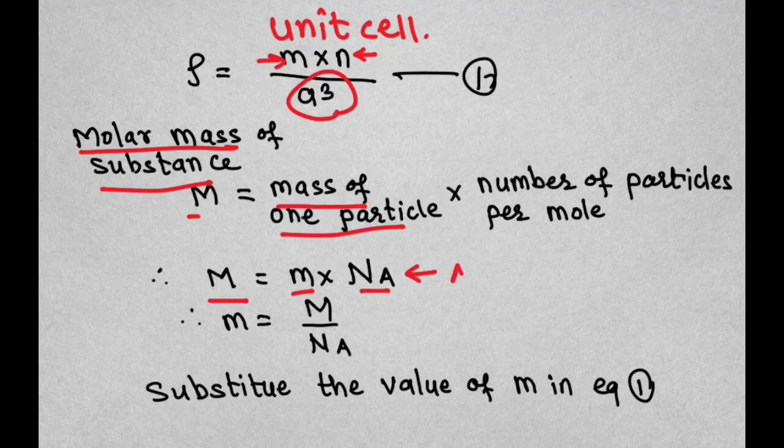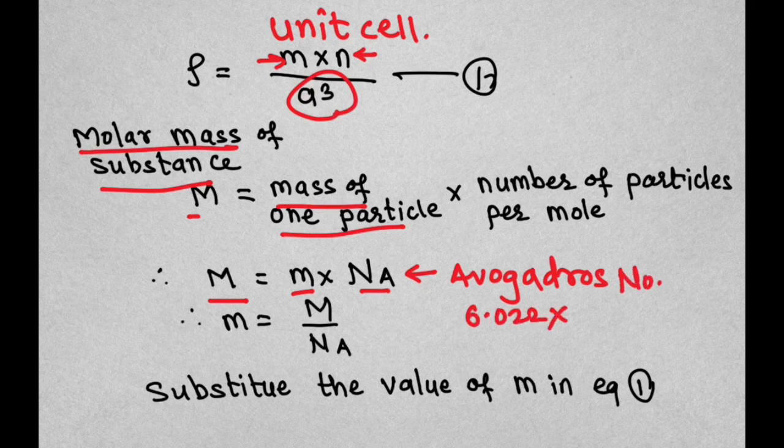This Na is Avogadro's number, which is 6.022 into 10 to the power 23 particles per mole. Now m remains on one side, so Na goes to the other side. So small m, that is the mass of one particle, is equal to molar mass divided by Avogadro number.